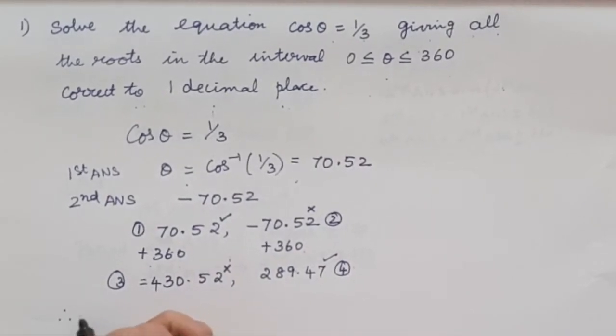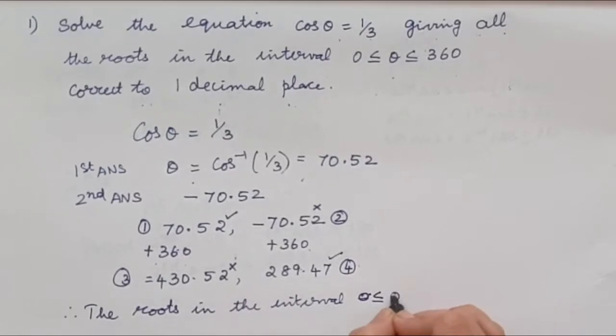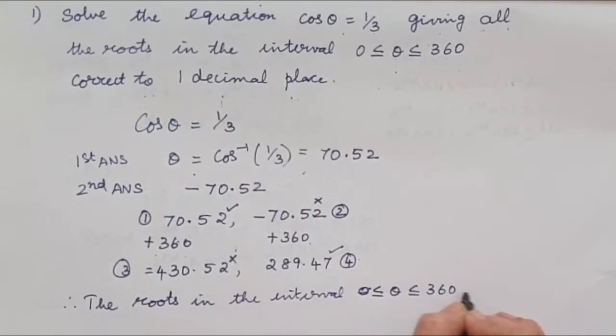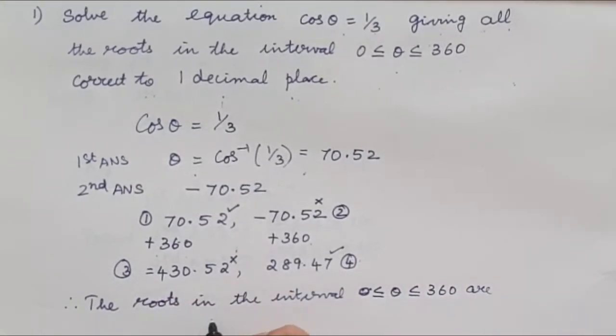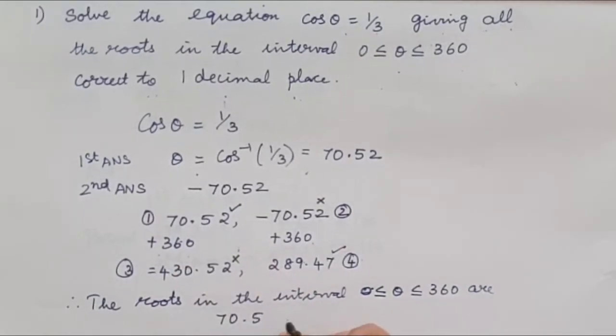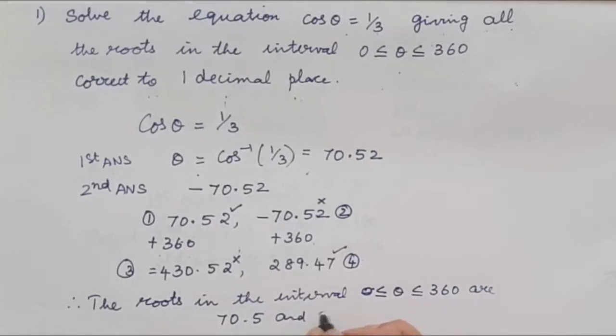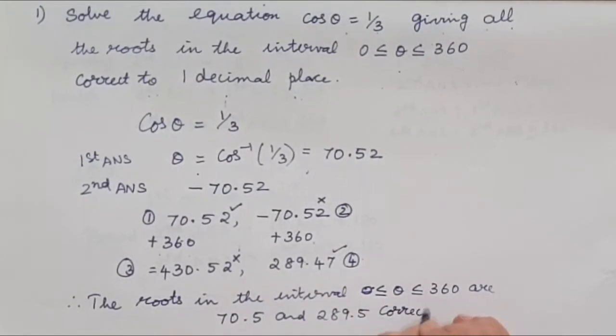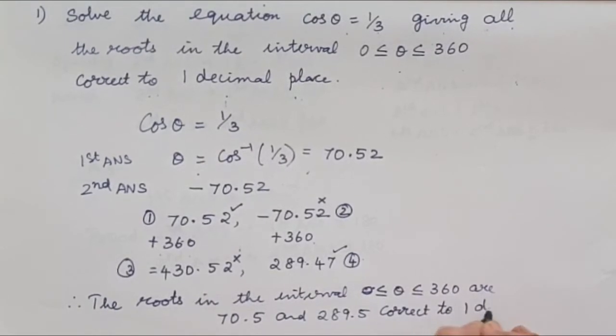Therefore, the roots for 0 less than or equal to theta less than or equal to 360 are, as we need one decimal place, 70.5 and 289.5, correct to one decimal place. So these are the two answers.